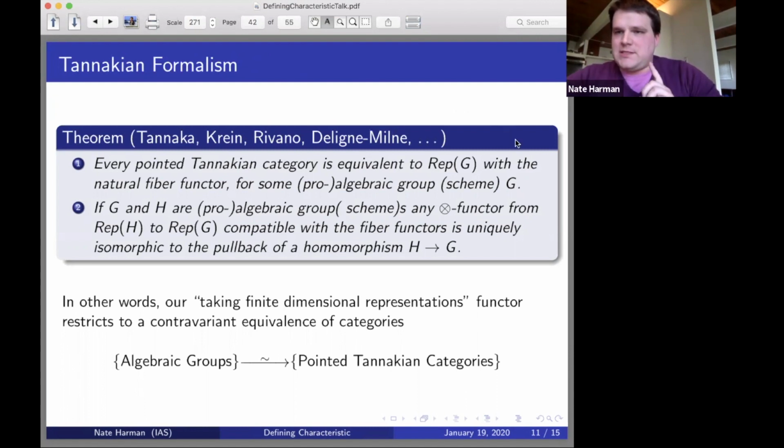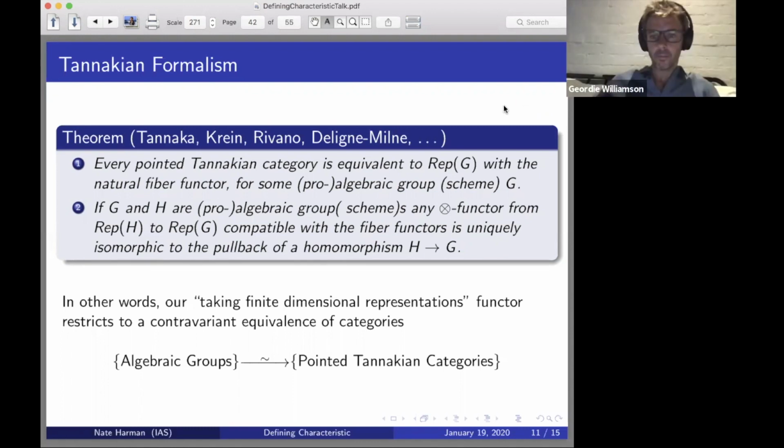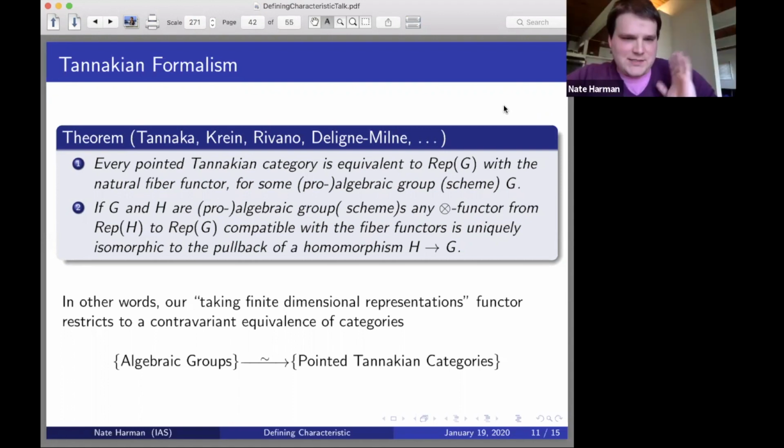Not once you fix the fiber functor. This notion of pointed Tannakian category is really important. I talked to you a bit about this last term, and I was struggling with trying to formulate this just in terms of Tannakian categories, and the answer is to involve this fiber functor.